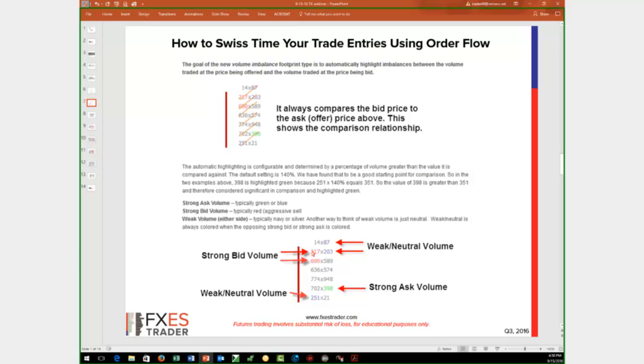The software's automatic, unless you set that number higher like I do, the software will automatically code that in red, so it's showing a stronger bid volume. Whereas the opposite, which took place today, we had a stronger ask volume, lift and offers, and a weak neutral volume of sellers.